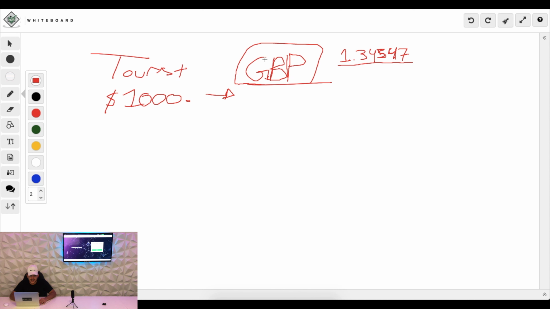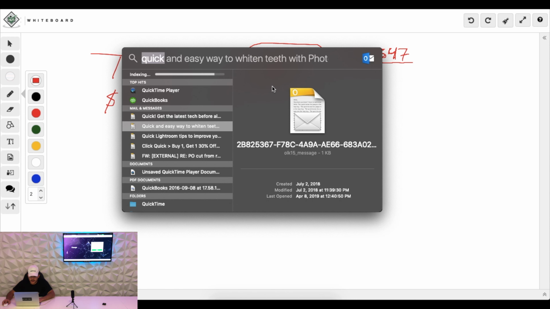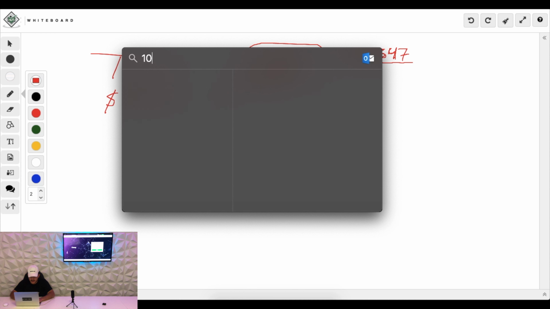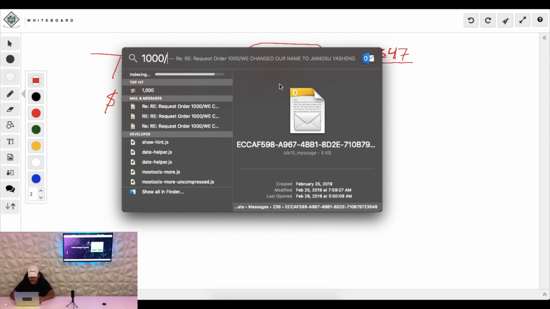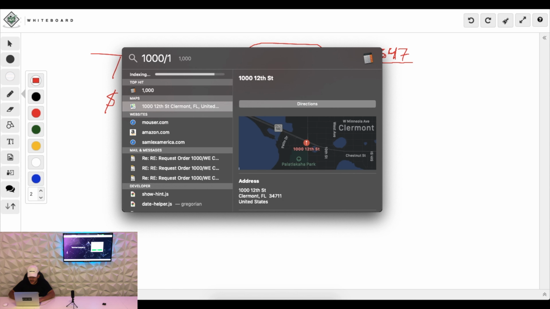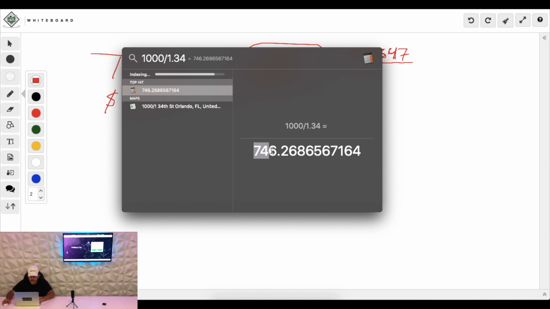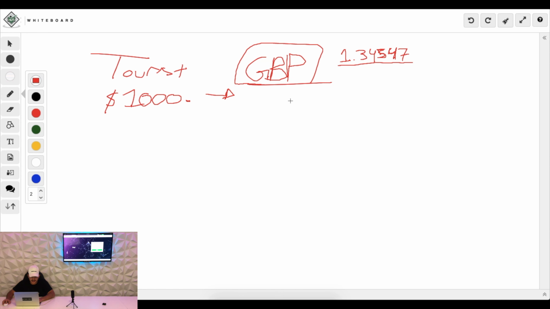Now that he wants to exchange his $1,000 to GBP, he'll have to pay 1.34 per British pound. If we do the math, $1,000 divided by 1.34 gets us around 746 GBP.